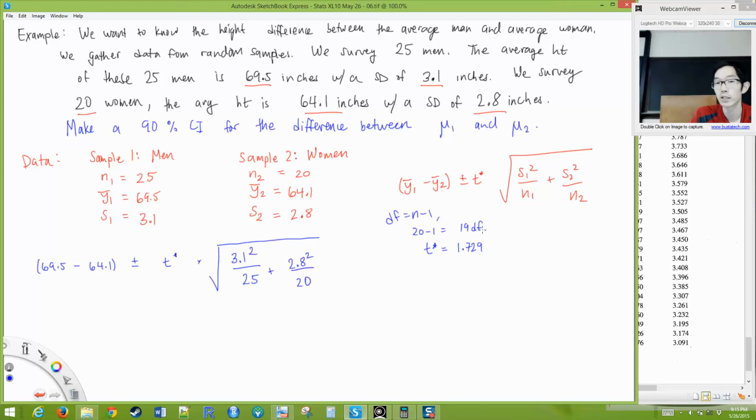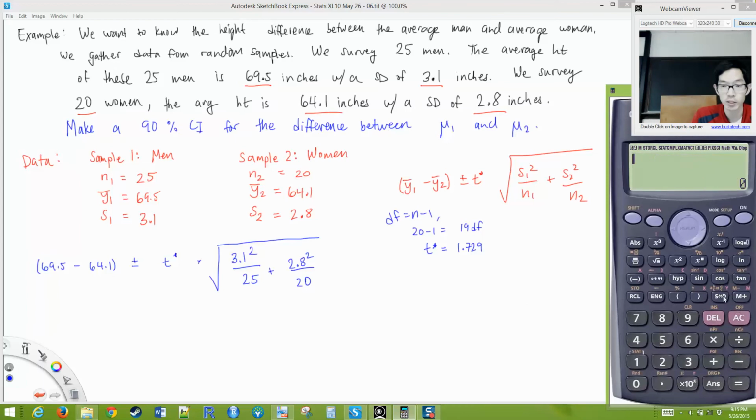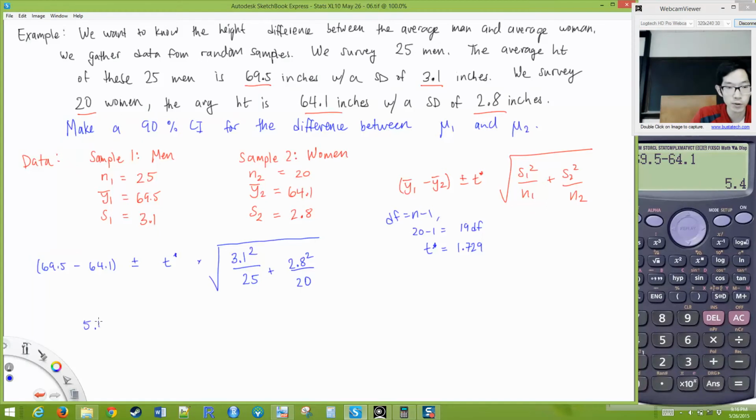So I'm now going to plug this in and punch all of this into the calculator. Let's do 69.5 minus 64.1. I get 5.4 plus or minus 1.729 times everything inside this thing.